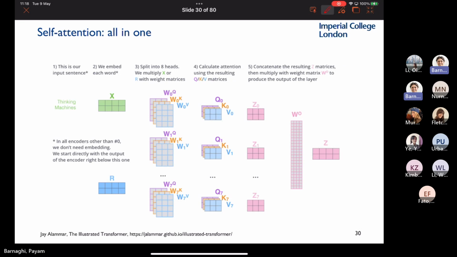Now take the two-word embedding here, X. We will have multiple heads, and for each of the heads, we will have queries, keys, and values. Then we calculate the attentions based on them, and the attentions will create Z0, Z1, Z2, up to Z7.